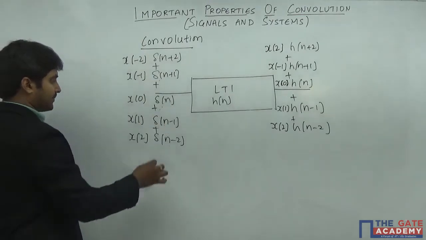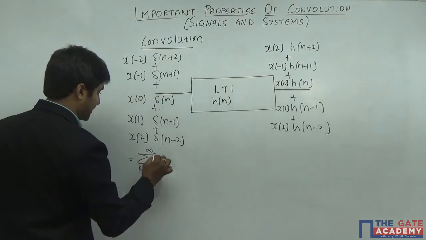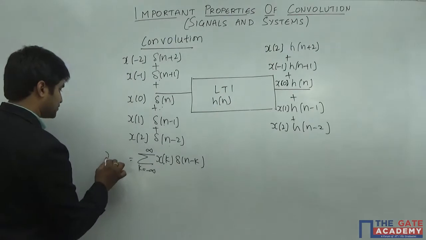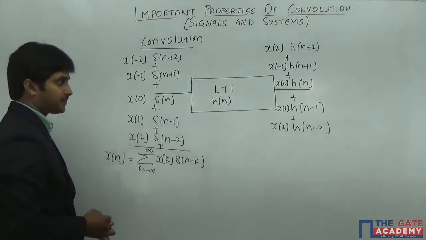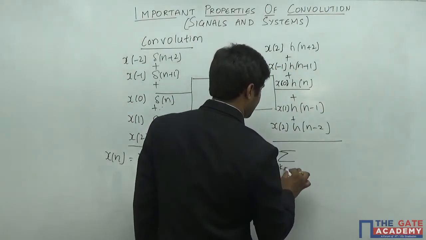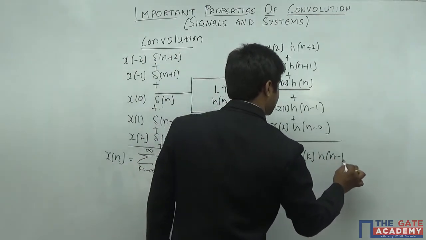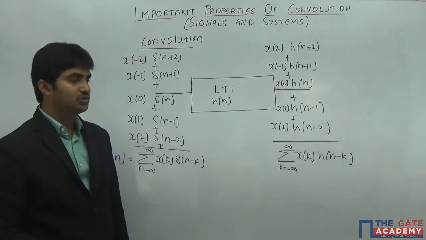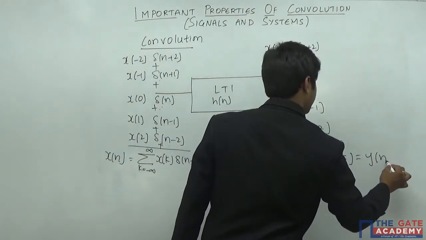If I add all of them at the input, this is nothing but the sum over k from minus infinity to infinity of x of k into delta of n minus k, which is nothing but x of n. At the output, adding all the samples gives the sum over k from minus infinity to infinity of x of k into h of n minus k, which is y of n.